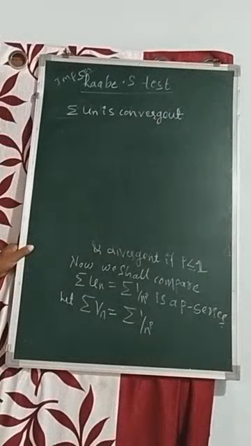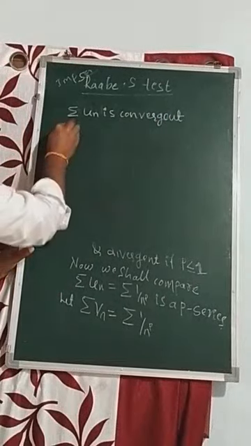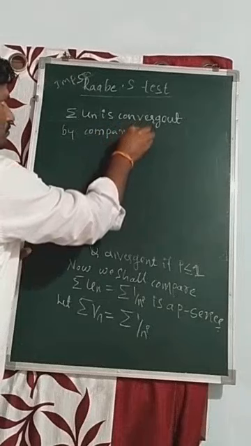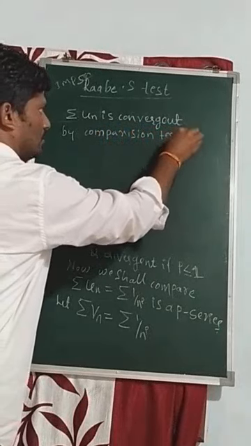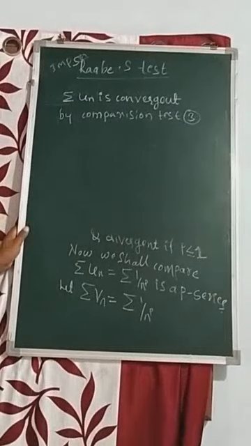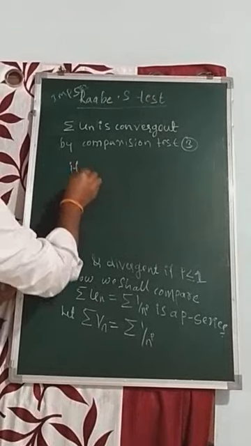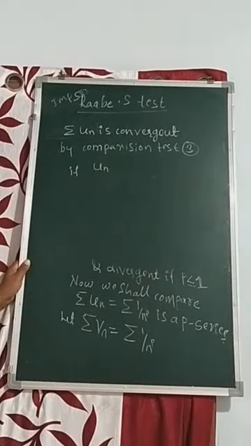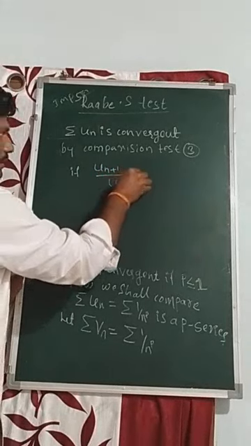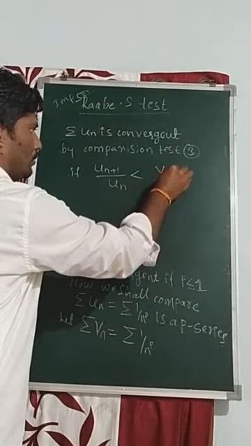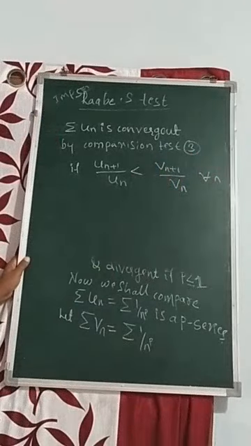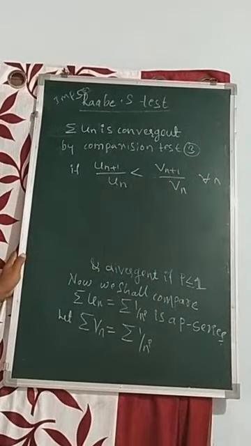We apply comparison test 3: if un plus 1 divided by un is less than vn plus 1 divided by vn for all n, taking this condition.